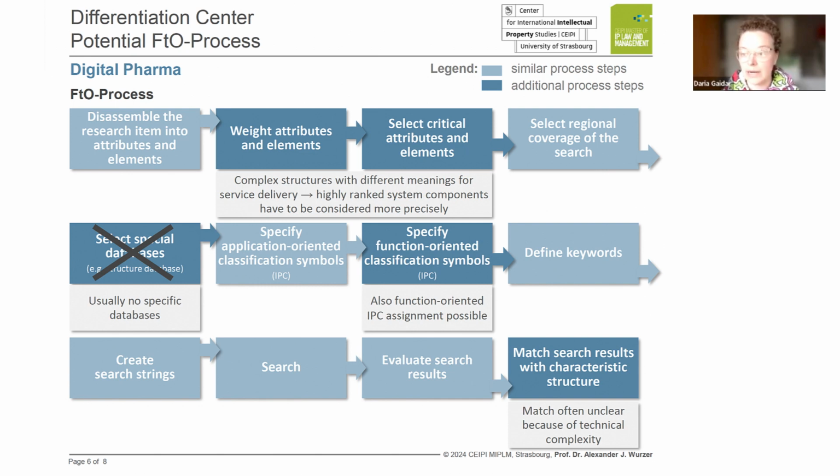Therefore, at some point, perhaps IPC would not serve the purpose of the analysis, and one should focus more on Boolean queries. At the end of the pipeline, we read that we should match the search results with the characteristic structure, and that this match is often unclear given the technical complexity. Indeed, seeing the whole space and the volume of the process we are trying to do the FTO for, this seems quite relevant. Thank you.